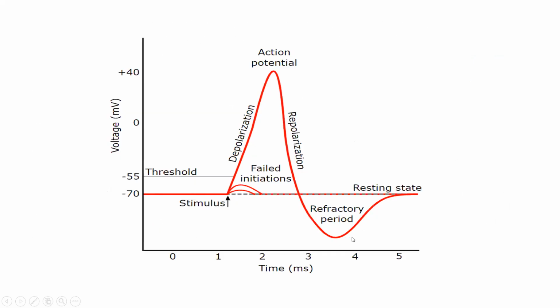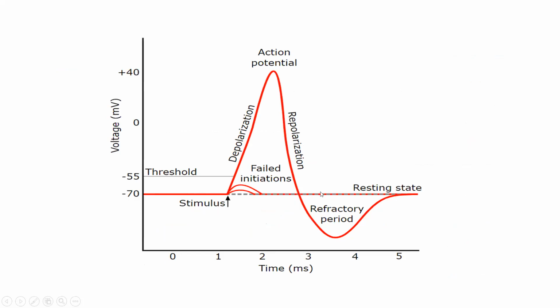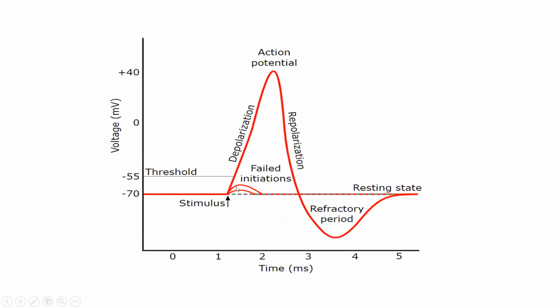So at this specific area, the charge of the membrane may become even more negative, like minus 80. And that's why this specific area is called hyperpolarization. So we had depolarization there, repolarization over there, and this area is called hyperpolarization.